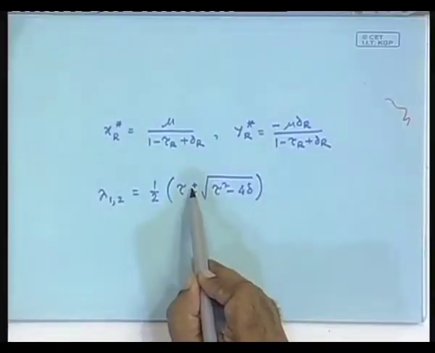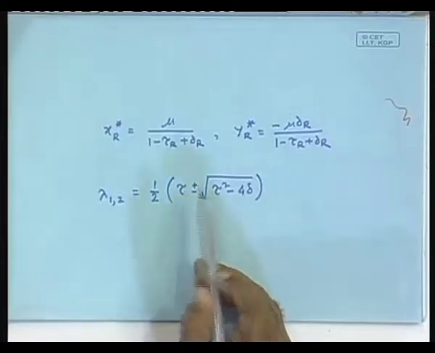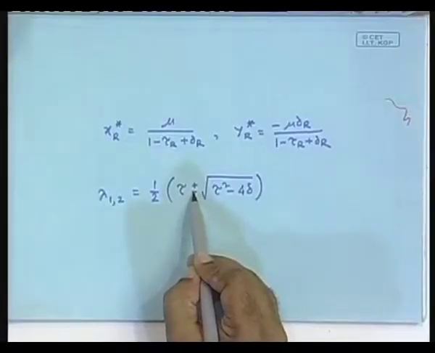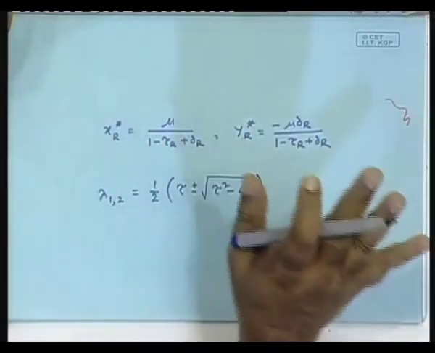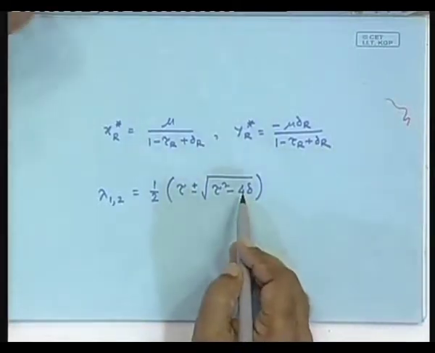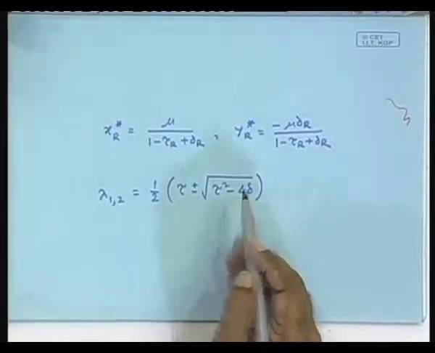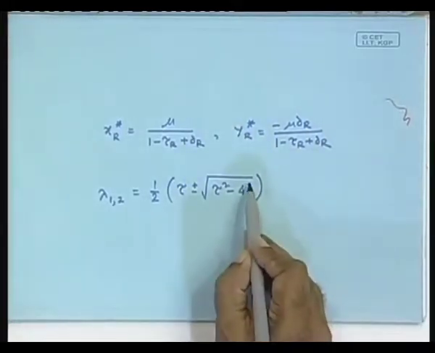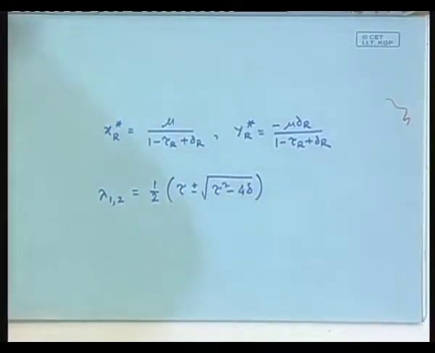So, one condition is when this plus thing is substituted by plus 1, taking only the larger one, that equals plus 1, that is one point where it can become unstable, or the other one, the lower one, when it becomes equal to minus 1, that it can become unstable, or if there is a pair of complex conjugate eigenvalues, and you can easily find out the condition when the eigenvalues will be complex conjugate. When?